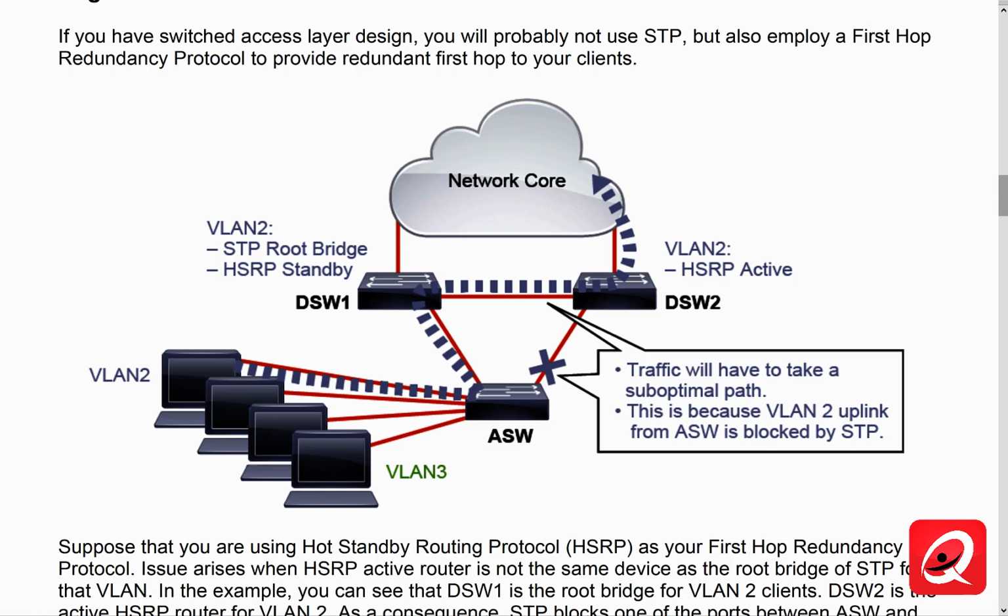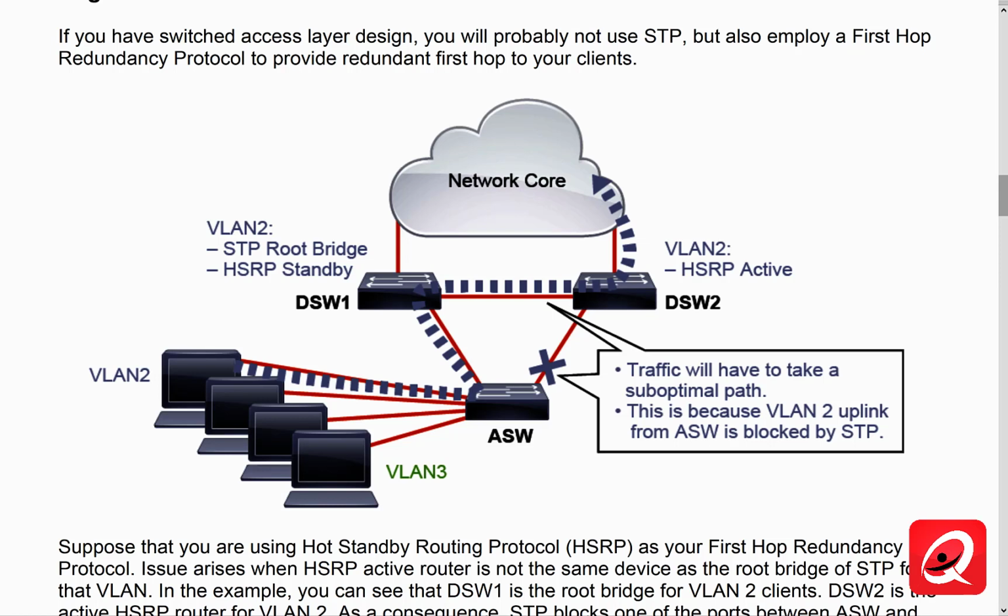All right. And definitely a consideration, because even though it may only be temporary, during a reconvergence event, you may lose connectivity altogether because HSRP is not converging as quickly as the spanning tree protocol. All right.